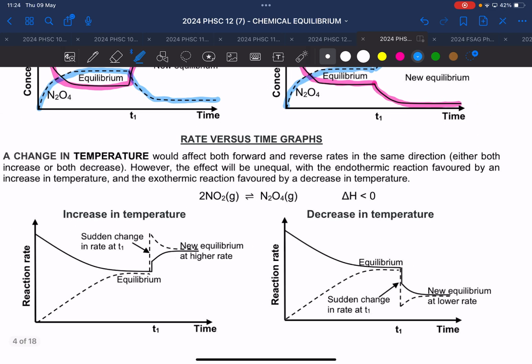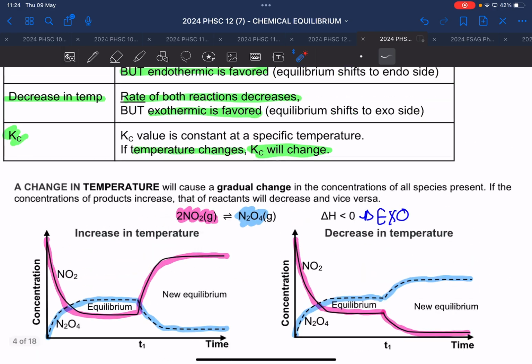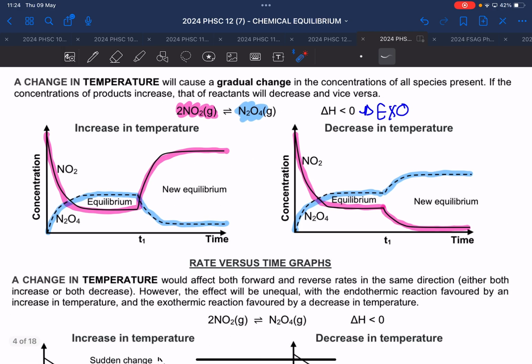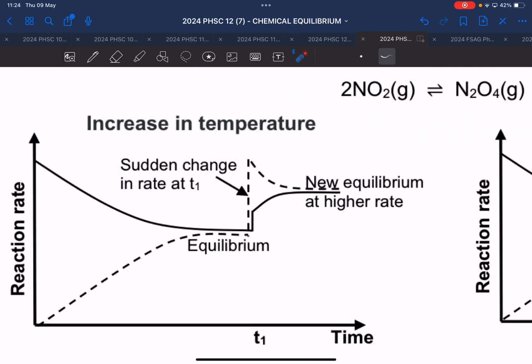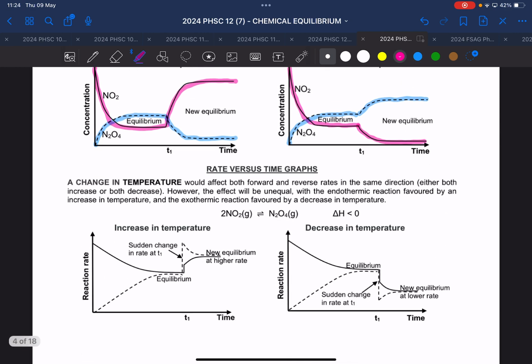Now we have our reaction rate versus time graph. A change in temperature will affect both our forward and reverse rates. Remember we said the rate of both of our reactions will increase. So if we look here, we once again have our solid line, which is our forward reaction.